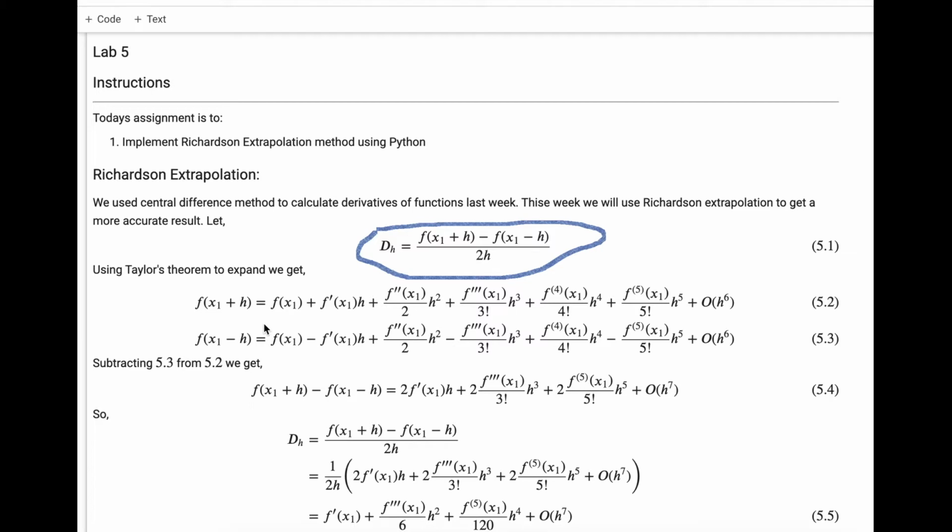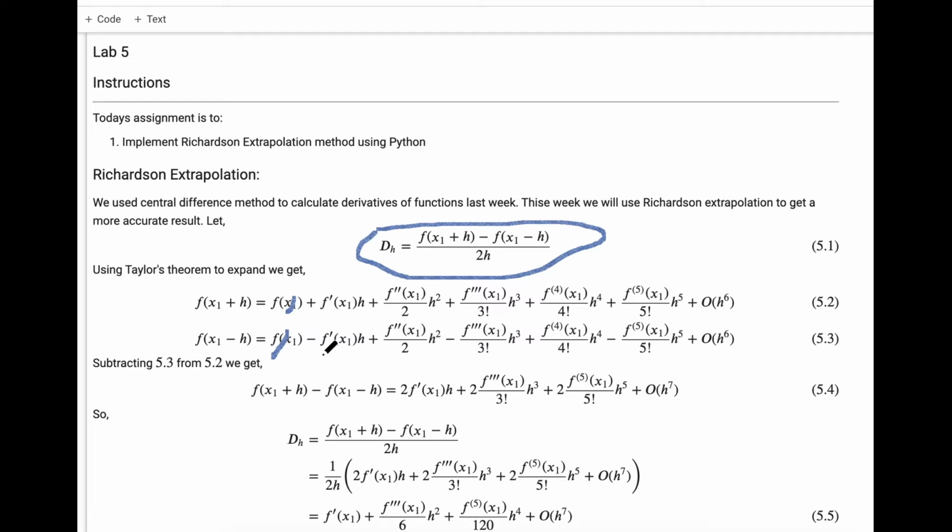Okay, so after expanding, we can see that in the central difference formula, the second equation, equation 5.3, is deducted from equation 5.2. After doing the deduction, these two terms cancel out and we are left with this thing.